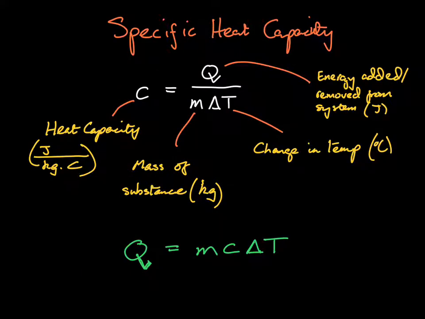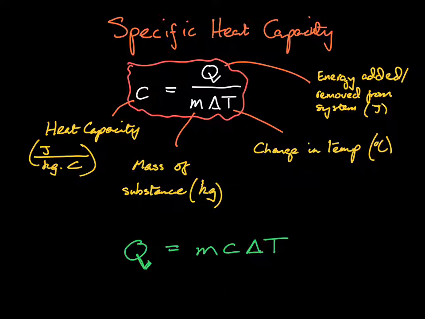So when we talk about specific heat capacity, there's a very important famous equation that we will see in physics and in chemistry. When we talk about specific heat capacity of a material, it is the change in temperature of a material when it's supplied by a certain amount of energy.